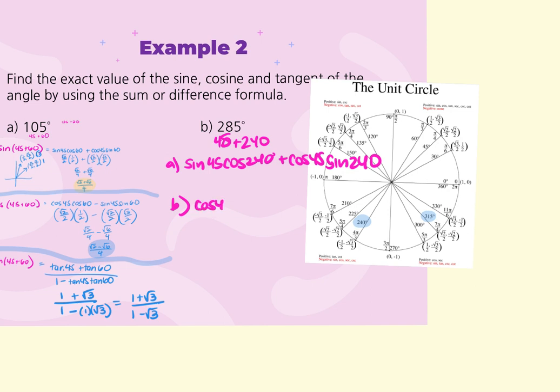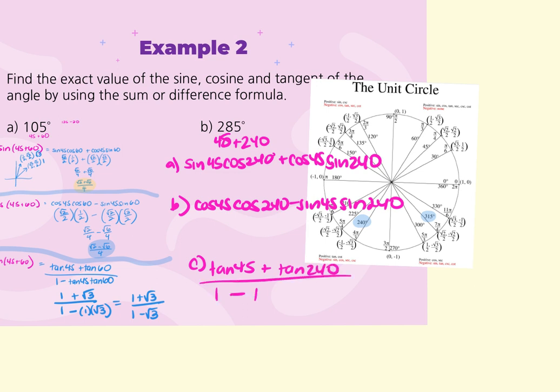Good. So cosine is cosine, cosine, sine, sine, and we change the sign. And then tangent: tan 45 plus tan 240 over 1 minus tan 45 times tan 240.